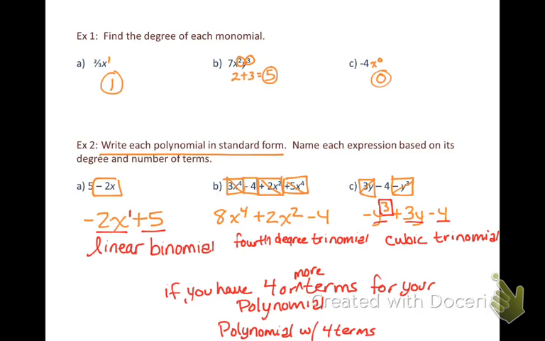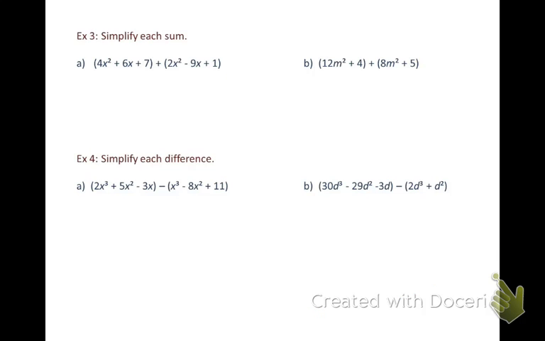All right. Next example. We're going to simplify each sum, and then we'll simplify each difference. So first of all, you're going to add like terms together. So you have 4x squared plus 2x squared. Remember, you're not changing the variables, you're just changing the numbers in front. So 4 plus 2 is 6, and then you put x squared.